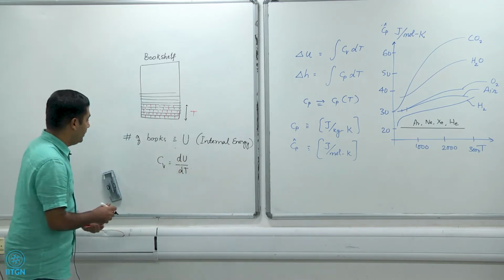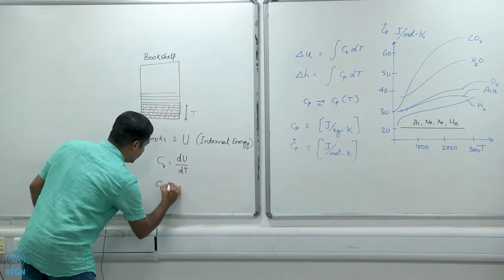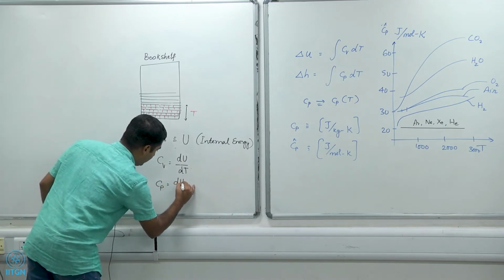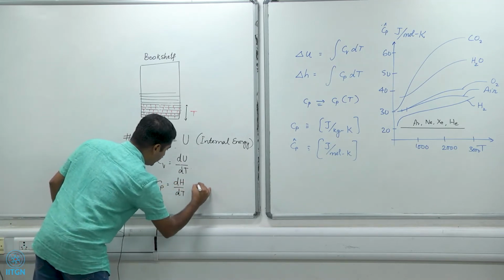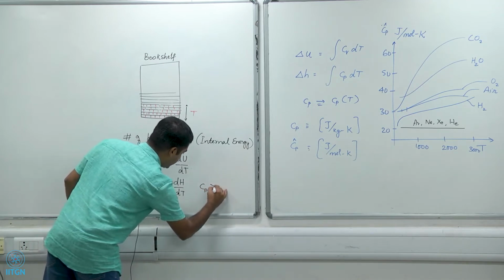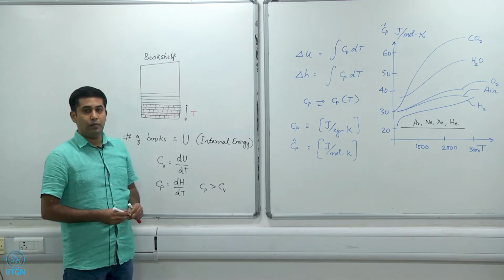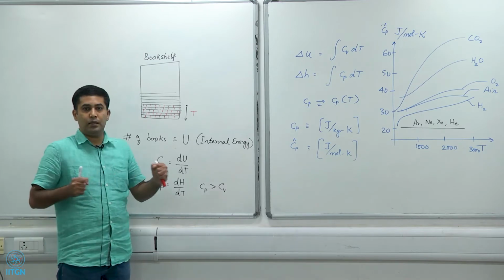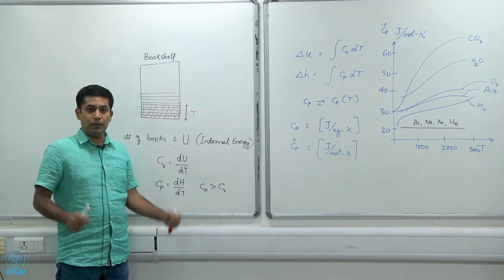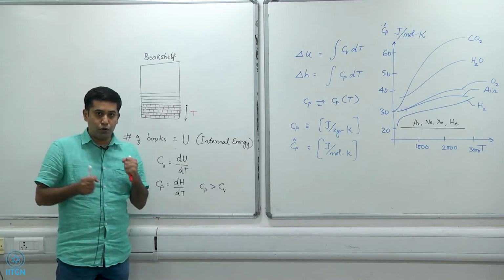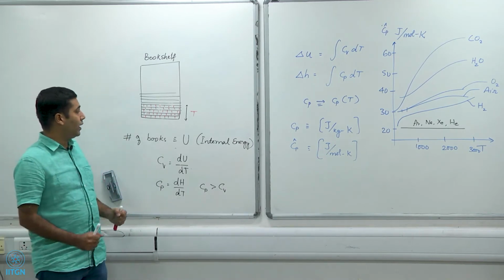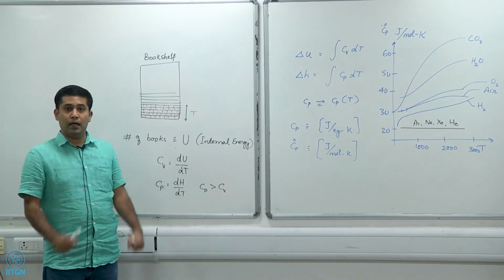Which is why Cp, which is dH over dT, is typically larger than Cv, right? Because you would rather expand to the extent possible this bookshelf, put those books at the lower shelves than put them at the higher shelves, right?